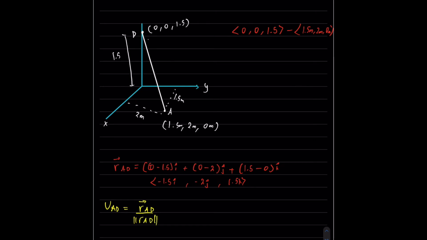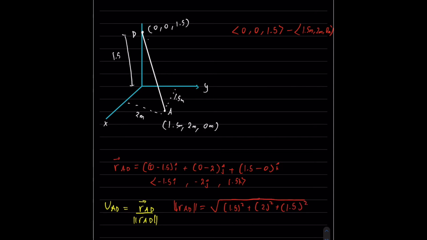So that means the magnitude of RAD will be equal to 1.5 squared plus 2 squared plus 1.5 squared.